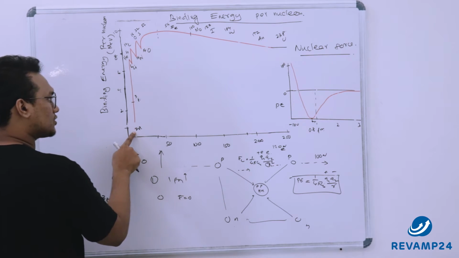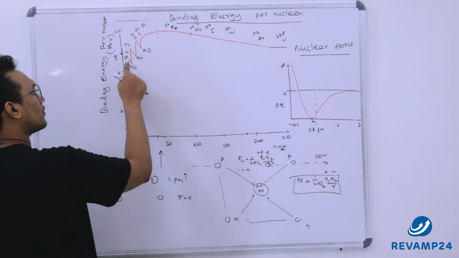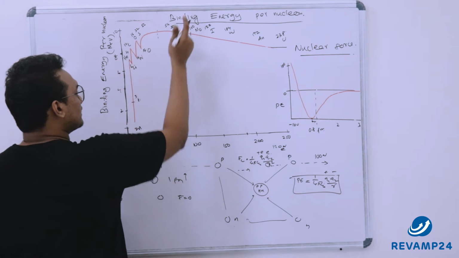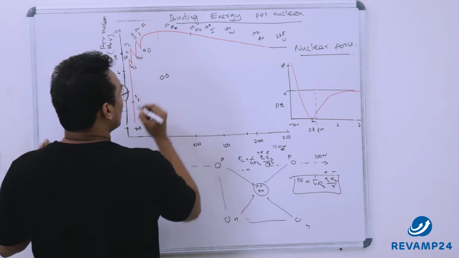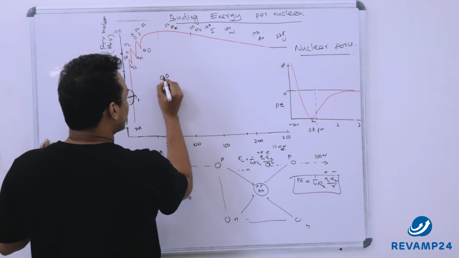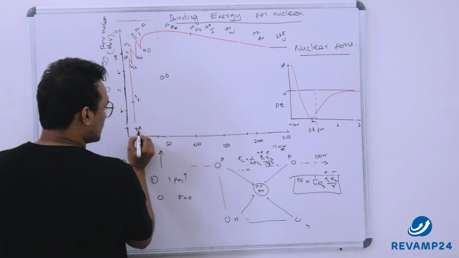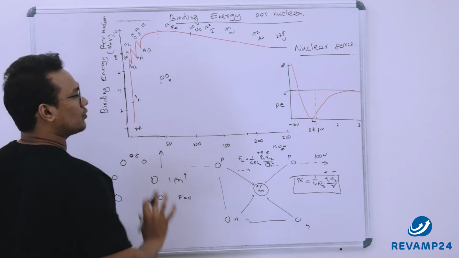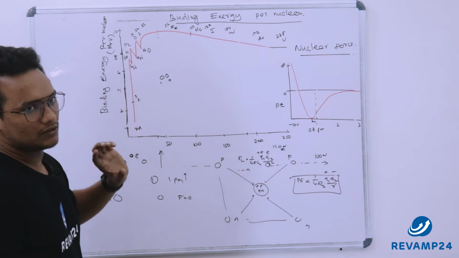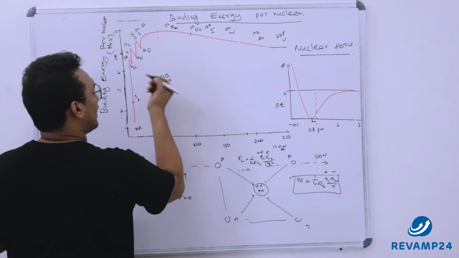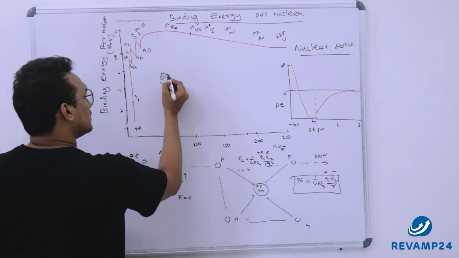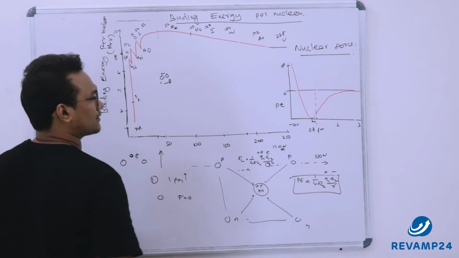So in the case of H2, 3 nucleons, 4 nucleons, 6 nucleons, initially the value is increasing. In the case of H2, we have 1 proton and 1 neutron. So there is a nuclear force in between 1 proton and 1 neutron, and they are attracted. This would attract this and this would also attract this.